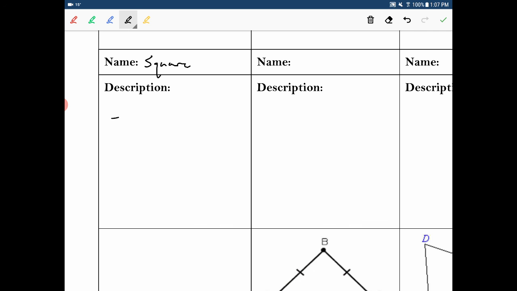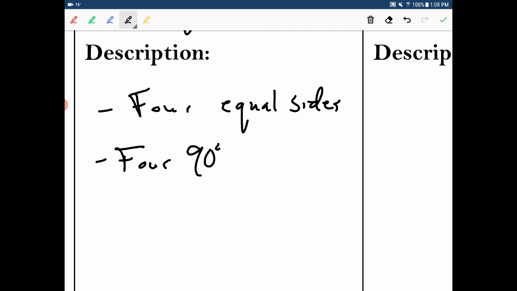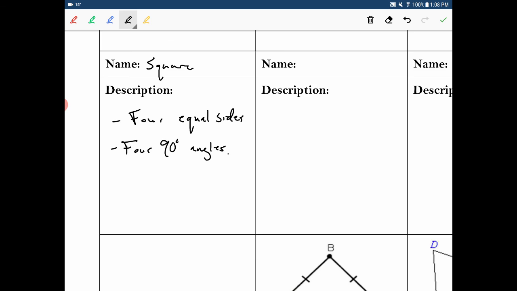What makes a square is that it has four equal sides. It also has to have four 90-degree angles. If both those things are true, you've got yourself a square.